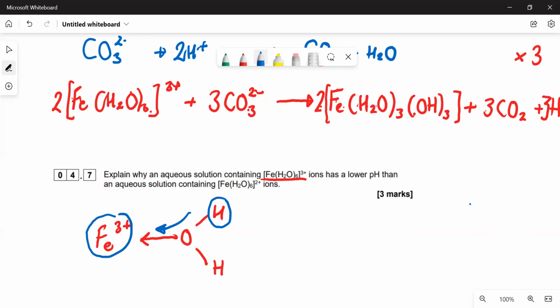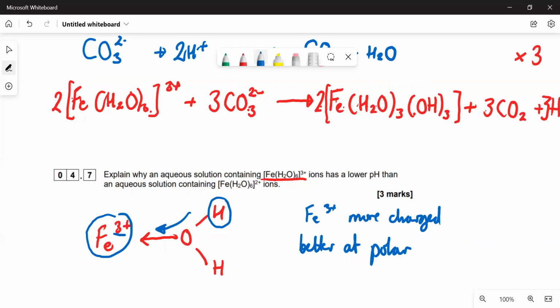Now, why is the Fe3+ better at doing it than the Fe2+? Well, it's because it's got a higher charge. So my answer here, I would say the Fe3+ is more highly charged, so it's better at polarizing the water molecules, which makes it easier for them to lose H+.